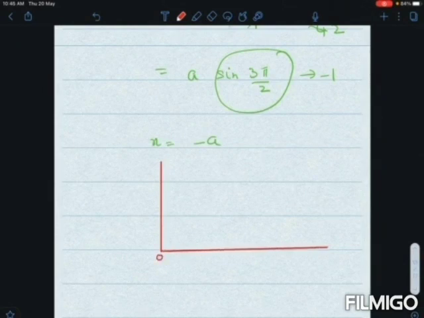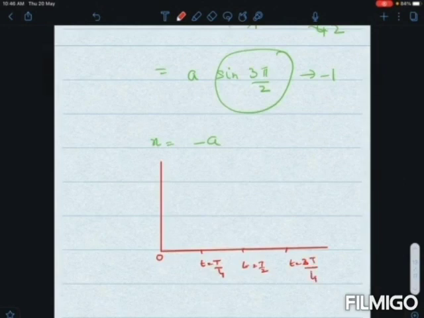So you have 0 here. This is t is equal to T by 4, and this is t is equal to T by 2. Now we have t is equal to 3T by 4.